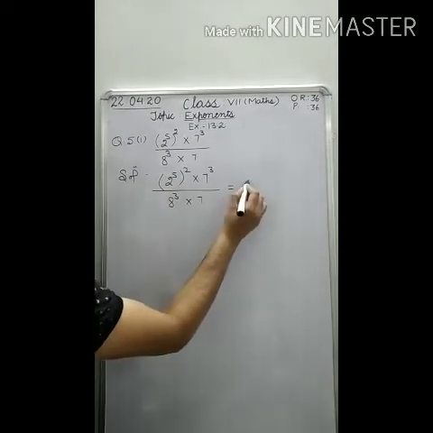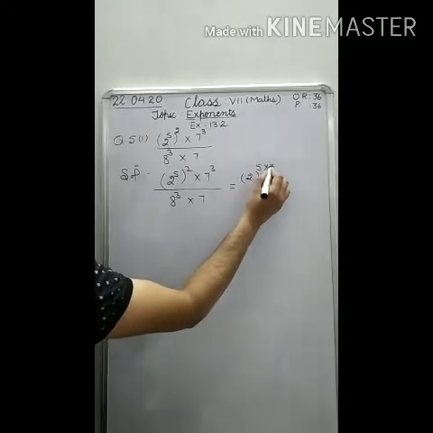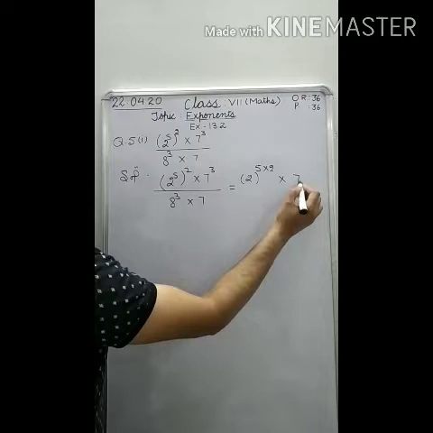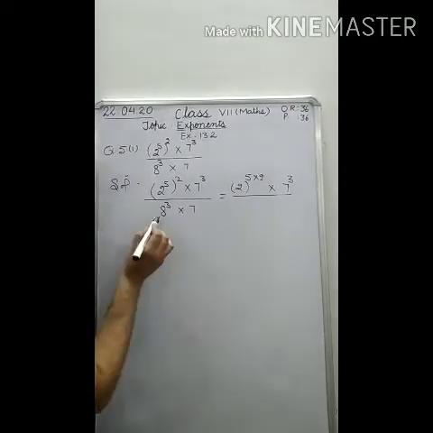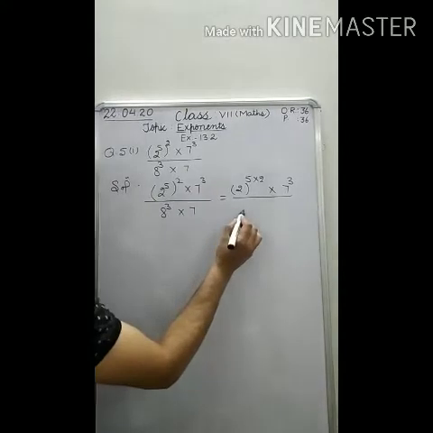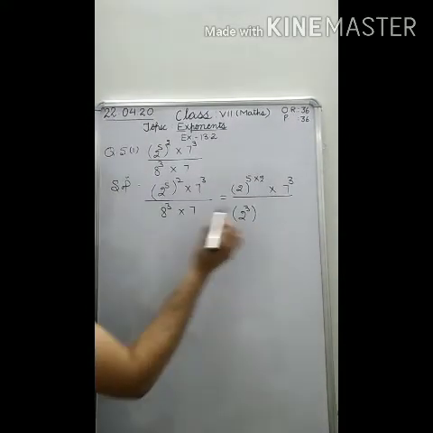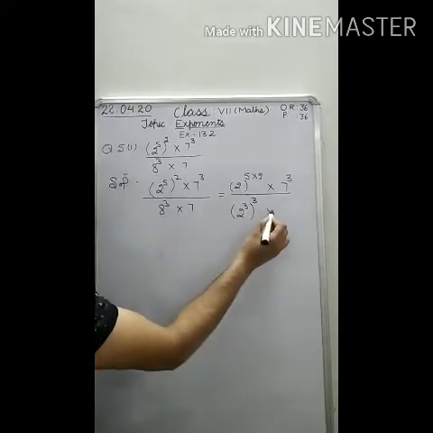So it will become 2 raised to the power 5 multiplied by 2, into 7 raised to the power 3, upon 2 raised to the power 3, whole raised to the power 3 as it is, into 7.